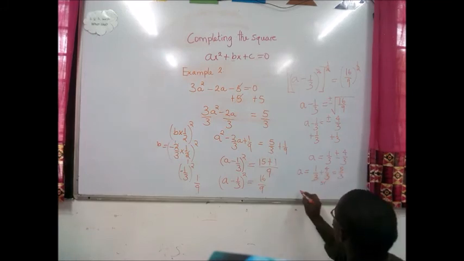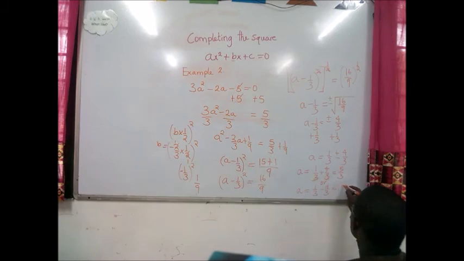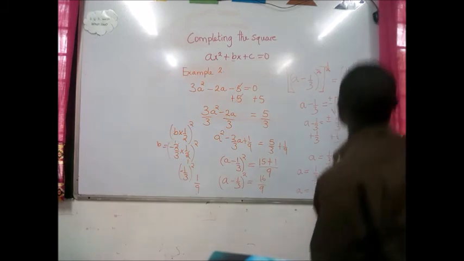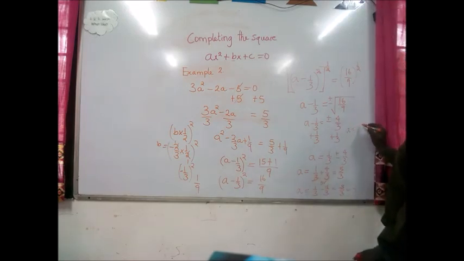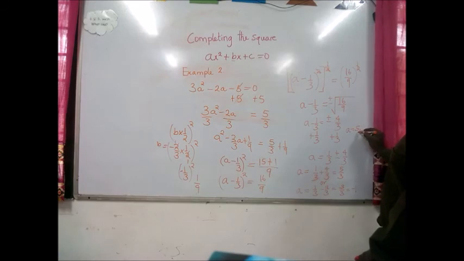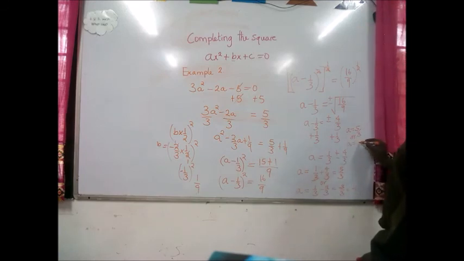Or we say a is equal to 1 over 3 minus 4 over 3, which gives us negative 3 over 3, which is equal to negative 1. So conclusively, we can say a is equal to 5 over 3, or a is equal to negative 1.